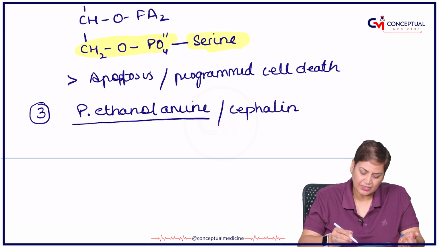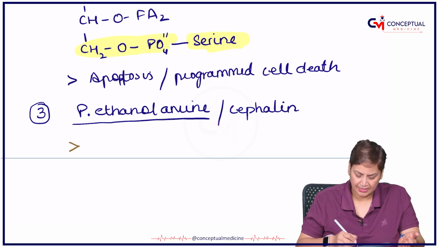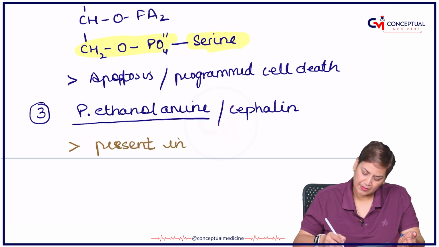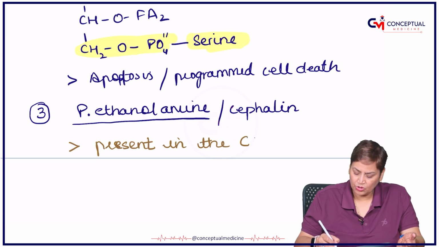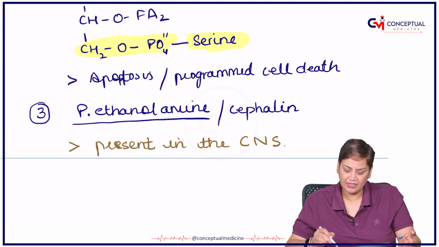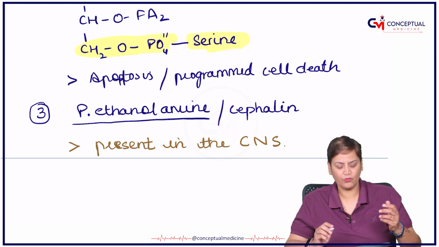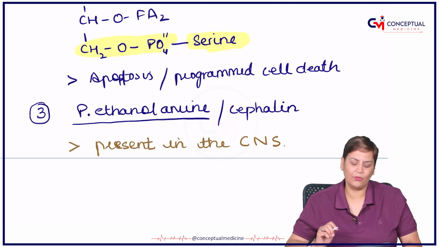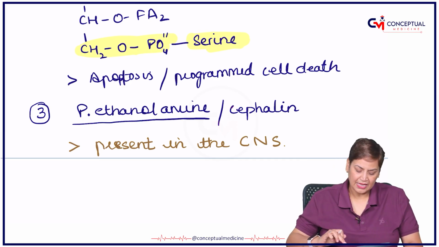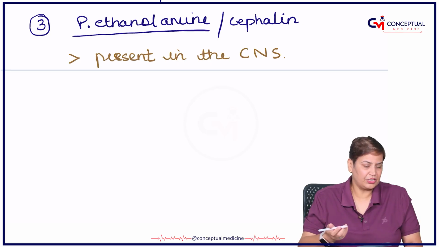And if we talk about the function of this, it is present in the CNS. So it's just a mnemonic, C for cephalin, C for CNS. So phosphatidylethanolamine is the one which is present in the CNS. Okay. So these are nitrogen containing.